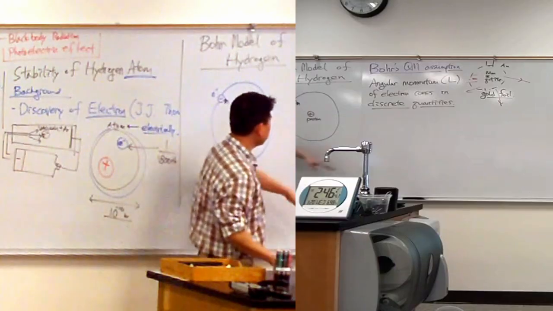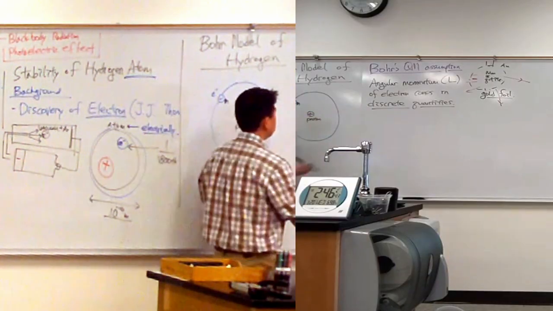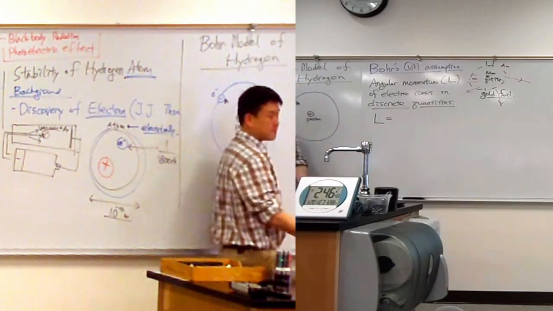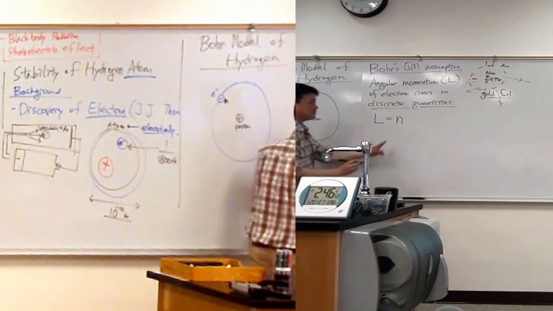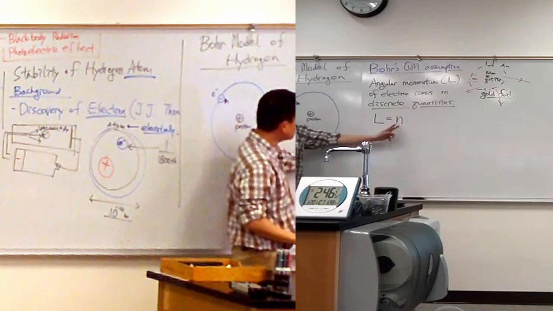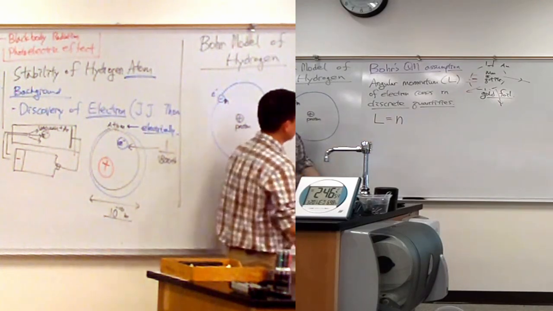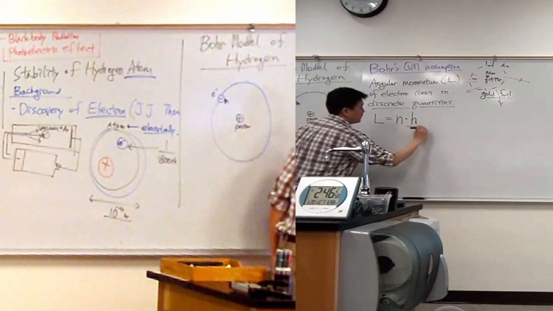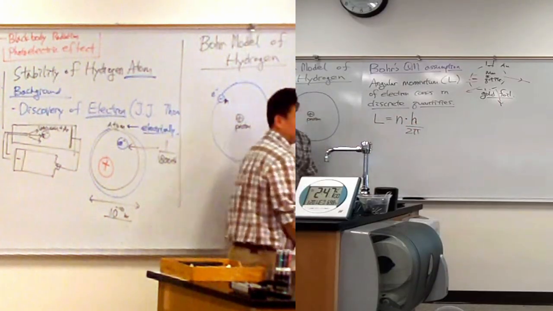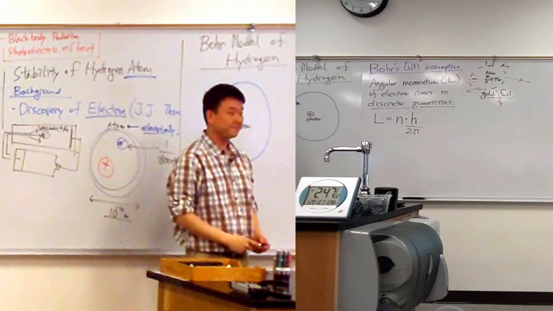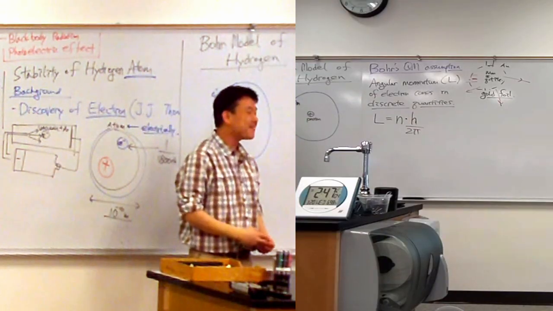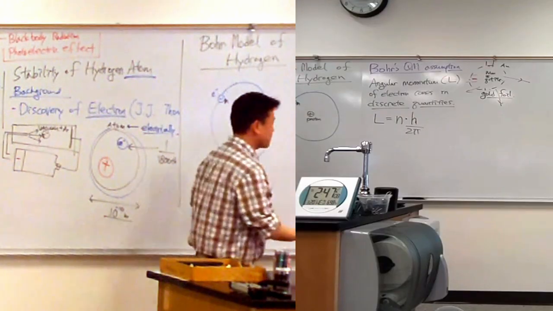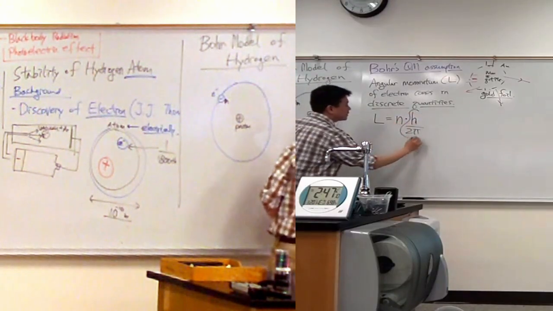So mathematically, you would say this. This angular momentum comes in integer units, so n is an integer. It comes in integer units of n times Planck's constant divided by 2 pi. Sorry, there's a 2 pi in there for some reason. Actually, this particular combination of constants happens a lot in quantum mechanics.